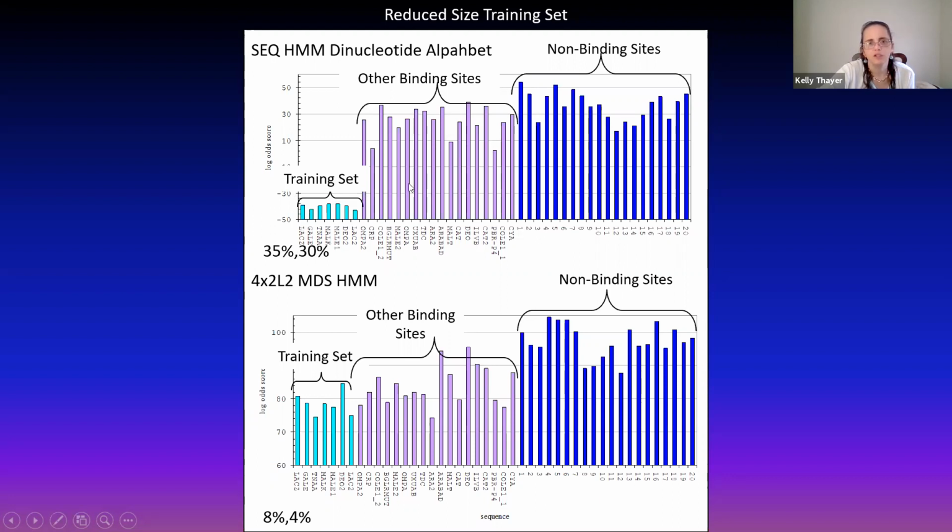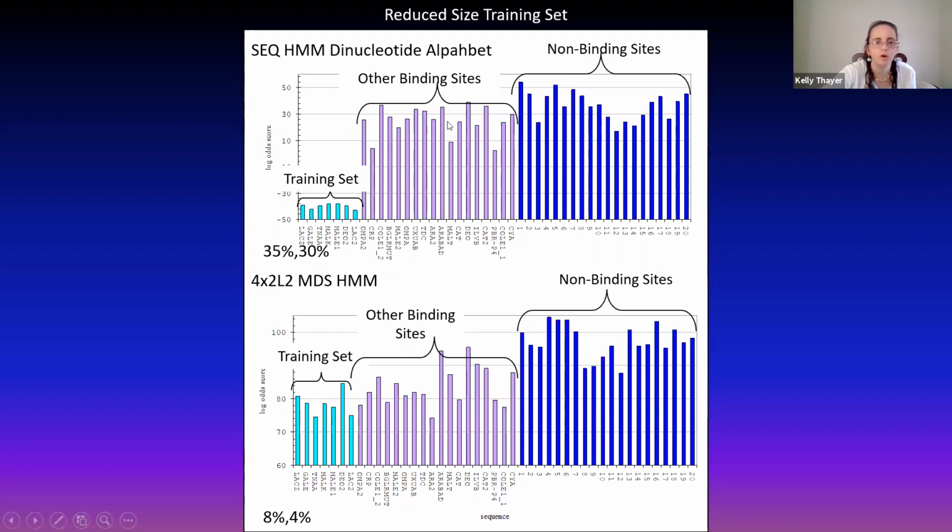Now the non-binding sites are known other sequences that do not have a cap binding site, which we know from experiments. And so we would expect these to have a much higher score than the training set ones. What we see is that the other binding sites, which in fact are binding sites, score almost as well as the non-binding sites.